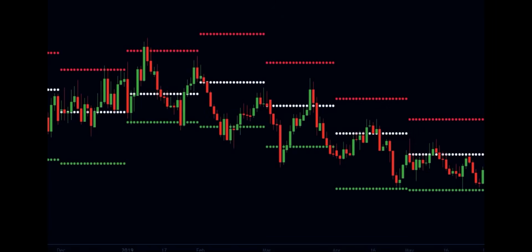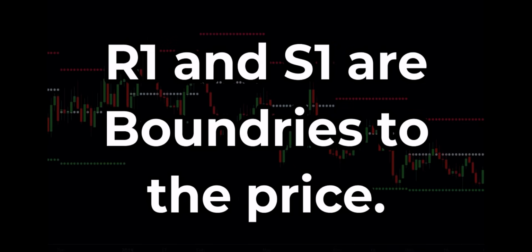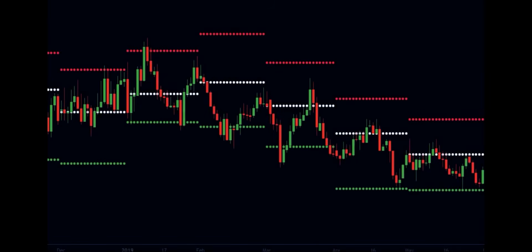Now let's understand how to interpret the R1 and S1 levels. You can think of R1 and S1 as boundaries for the price. Therefore, we expect the price to find resistance at the R1, and we expect the price to find support at the S1. But that is not always the case.